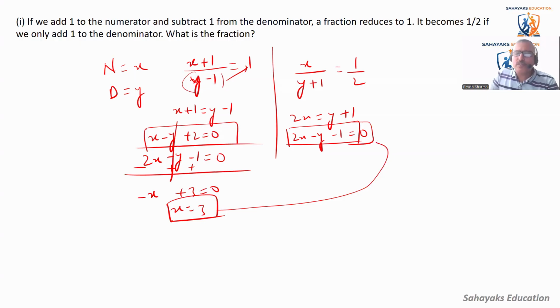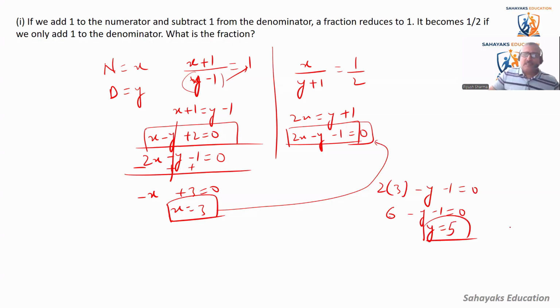When x is equal to 3, I'll write 2 into 3 minus y minus 1 is equal to 0. It becomes 6 minus y minus 1 is equal to 0. 6 minus 1 is 5, so y is equal to 5. So this is the value which has come up. Okay, guys.